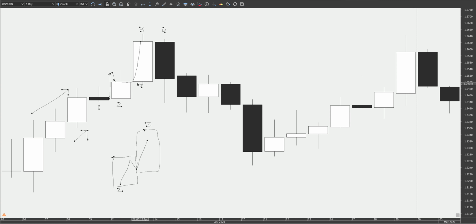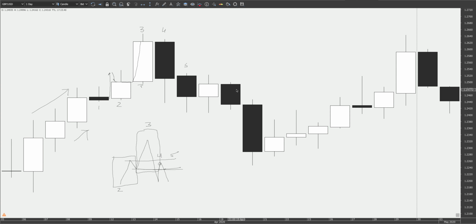On day number 4, the market kind of went back and bounced back in. Okay, it did not close below this minor swing, and then on day number 5 you had a closure below this minor swing. This is day number 4 and this is day number 5.